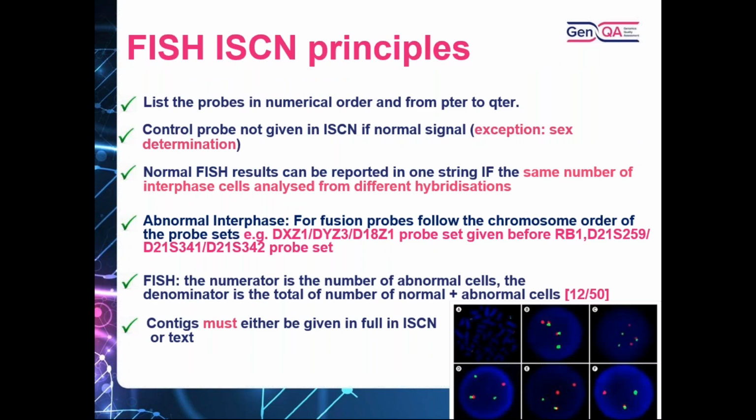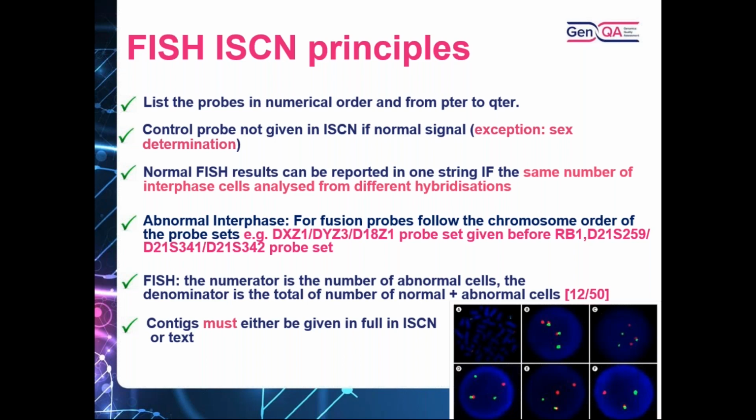Let's look at some of the FISH ISCN principles. This often causes confusion. Hopefully we've made it a bit easier in the 2020 booklet. You do need to list the probes in numerical order from pter to qter, and it's important that you check where the probes reside.